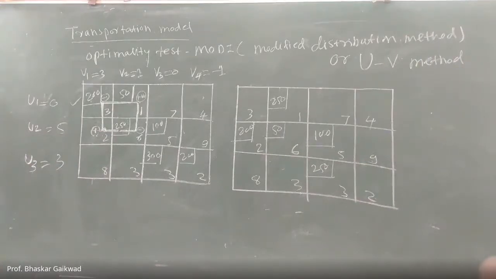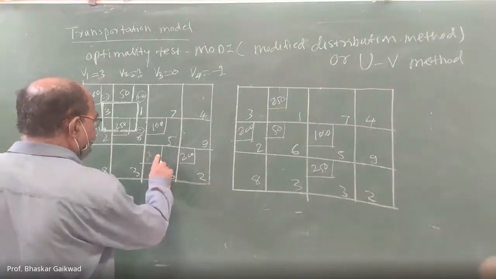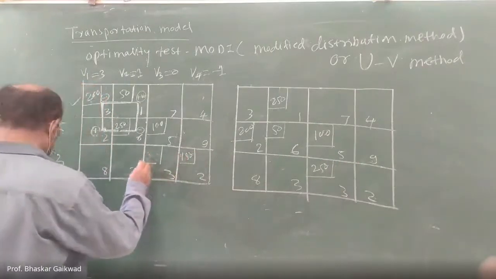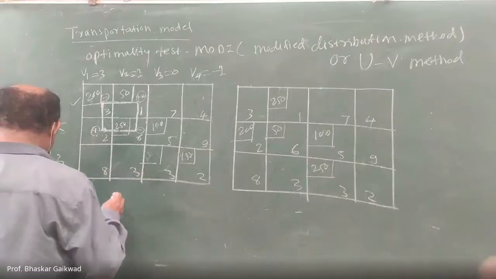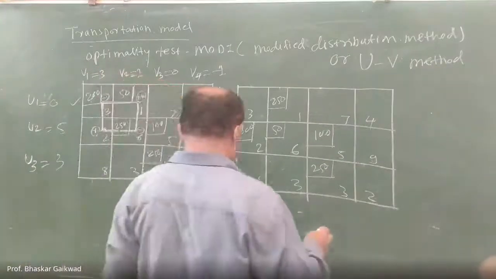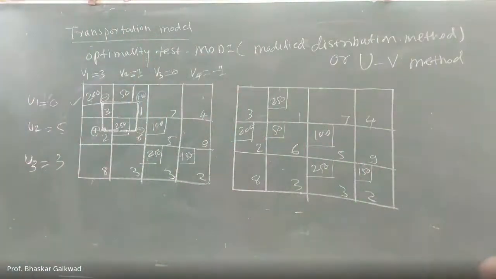Some values are changed here as per the northwest corner, as per our previous norm. Anyhow, you have to solve this problem by the northwest corner method, then you come to this. Okay. Now, you have to go for the next calculations.